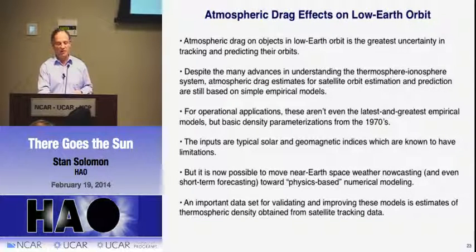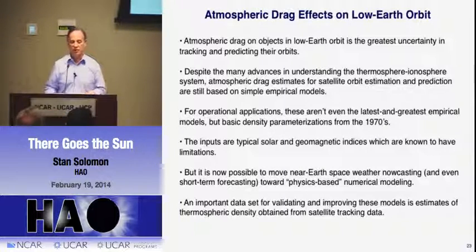Tracking is very sophisticated. That naturally leads to prediction. Due to Kepler's laws of motion, prediction is easy in a perfect vacuum. But the atmospheric drag exerted on all these objects, and particularly the ones in low Earth orbit, is still a significant uncertainty. The greatest uncertainty.